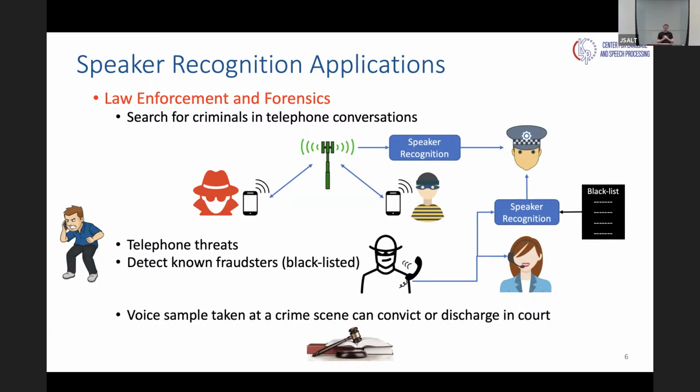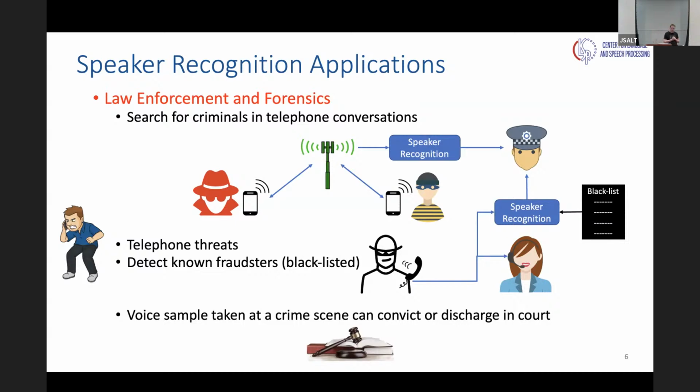Also, you can use it when there are telephone threats and you have a recording, to detect who is making those threats. Also, if you have a person who usually commits fraud by telephone, for example calling some service to contract it using another person's name, those calls are recorded, and when you detect those criminals, you can put them in a blacklist.